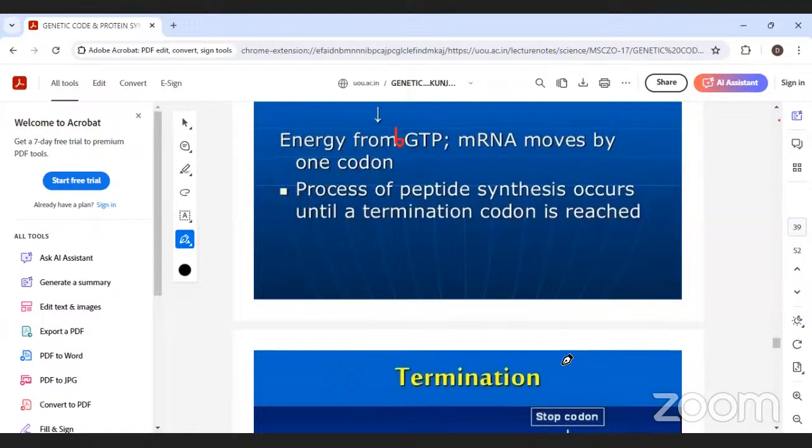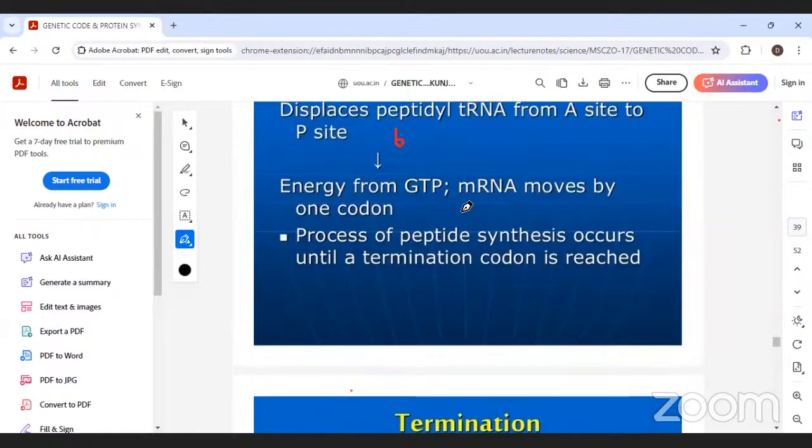The total energy is given from the GTP. This model is for the GTP. Next, the process of peptide synthesis occurs until a termination codon is reached. This is the elongation step.